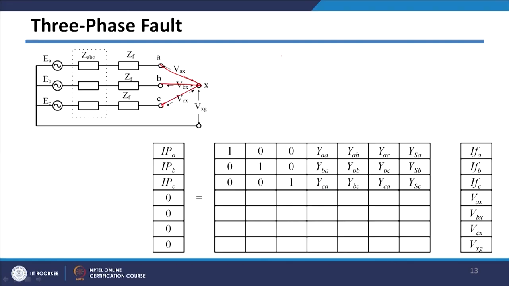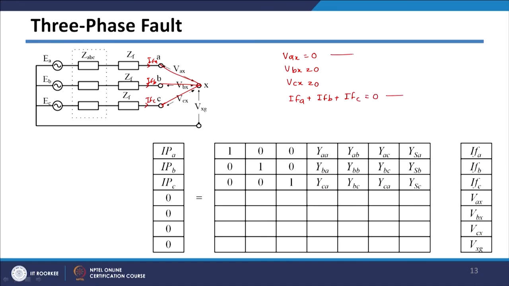So, if 3-phase fault is occurring on all the 3 phases, VAX will be equal to 0, VBX will be equal to 0, VCX will be equal to 0. And one more thing we can do is IFA, IFB and IFC, addition of all the 3 currents will be 0 because it is a balanced fault. IFA plus IFB plus IFC will be equal to 0.